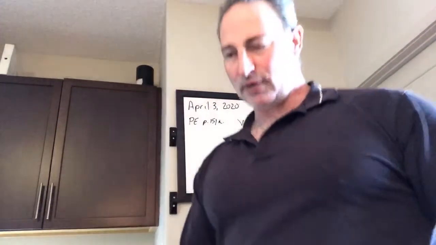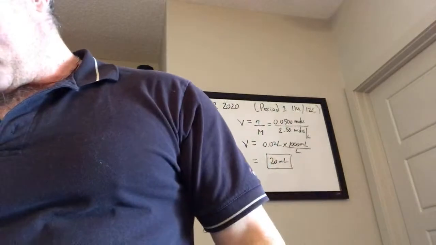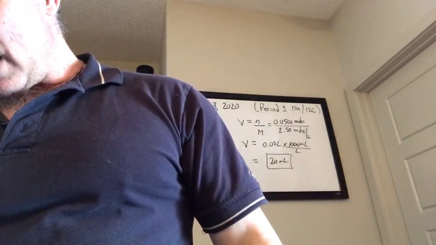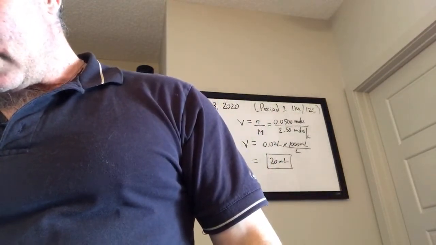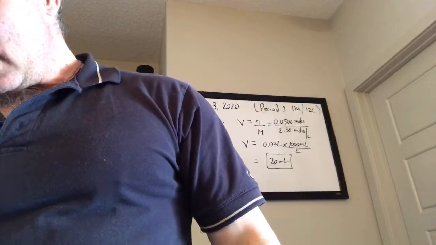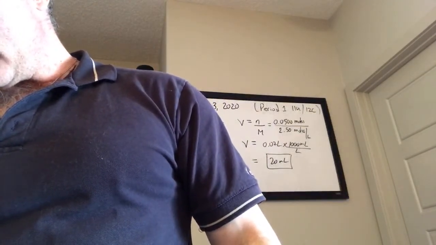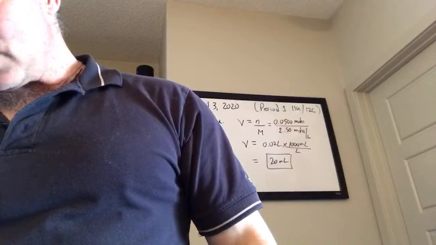In part B, it says how many milliliters of 5 molar potassium dichromate solution must be diluted to prepare 250 milliliters of 0.1 molar solution. So in this case, we're going to use the dilution formula.